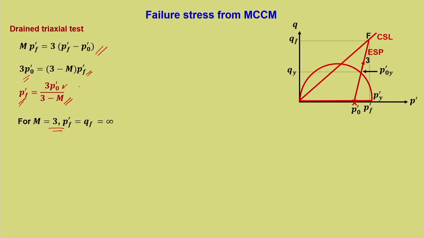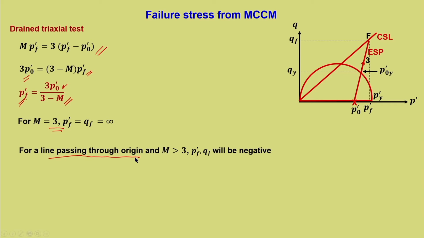Now what will happen if M is greater than 3? If M is greater than 3, you will have P dash F to be negative. So for a line passing through origin and M greater than 3, both P dash F and QF will be negative, and the soil cannot sustain tension.